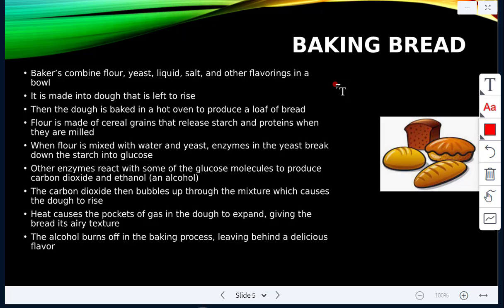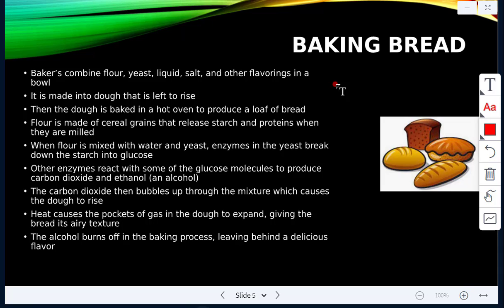Flour is usually made of cereal grains, and those cereal grains release starch and proteins when they're milled. When flour gets mixed with water and yeast, the enzymes in the yeast start breaking down that starch into glucose, which is a sugar. Other enzymes react with some of the glucose molecules, and carbon dioxide gas is produced, as well as ethanol, which is an alcohol.